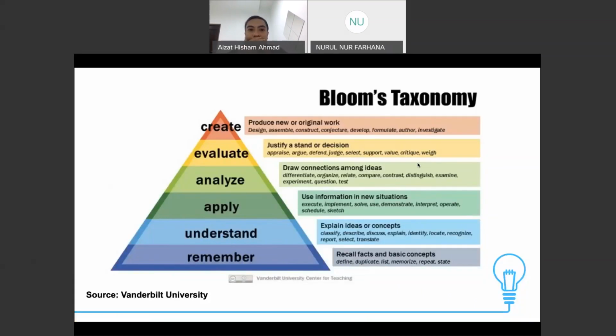I will just share quickly with you about Bloom's taxonomy. Those of you who are in education, teachers or lecturers, historically, this is how design thinking adopted Bloom's taxonomy. Bloom's taxonomy is the process of learning for outcomes.